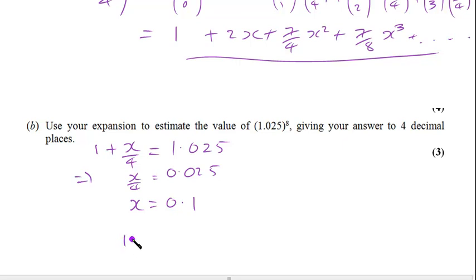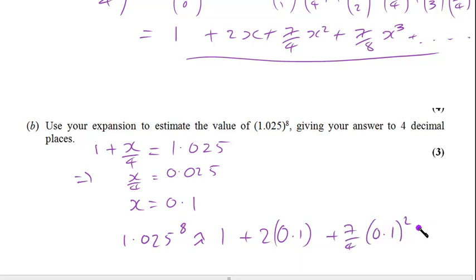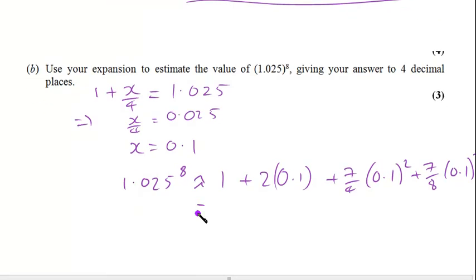Put that into this expression. So therefore we're going to have 1.025 to the 8 is approximately equal to 1 plus 2 times 0.1 plus 7 over 4 times 0.1 squared plus 7 over 8 times 0.1 cubed. Now it's important you calculate these terms out.